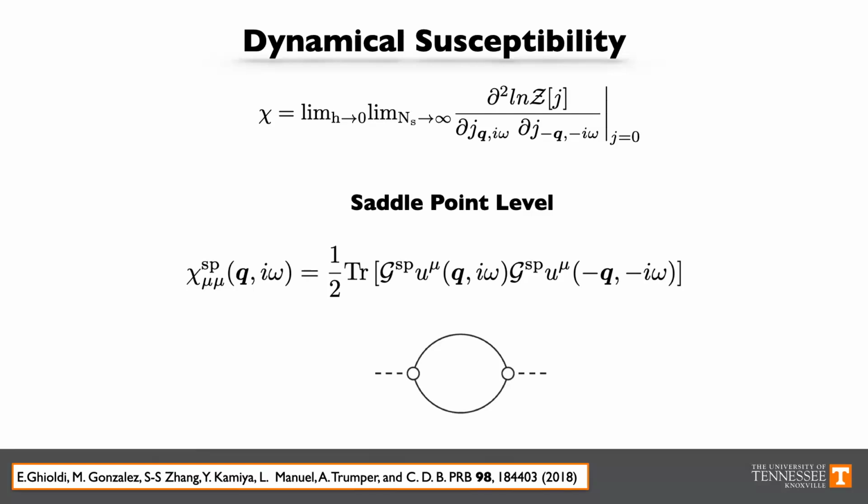And then if you are computing the magnetic susceptibility, the dynamical susceptibility, which is what you measure with neutron scattering, you will see poles, but those poles are not magnon poles, they are single spinon poles. And this is something that was missed for a long time. If you are working at the saddle point level, there is no way you will get poles associated with the true collective modes of an ordered magnet, which are magnons, not spinons.